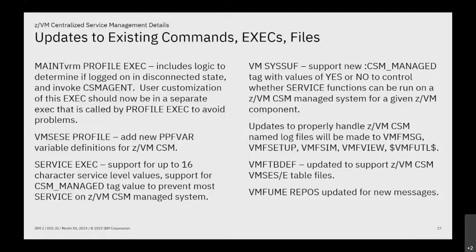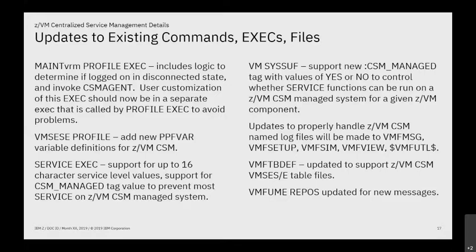The bottom line here is if you used to make updates to the profile exec like I always did, you don't want to do that anymore because you don't want to risk introducing some sort of bug into that logic.